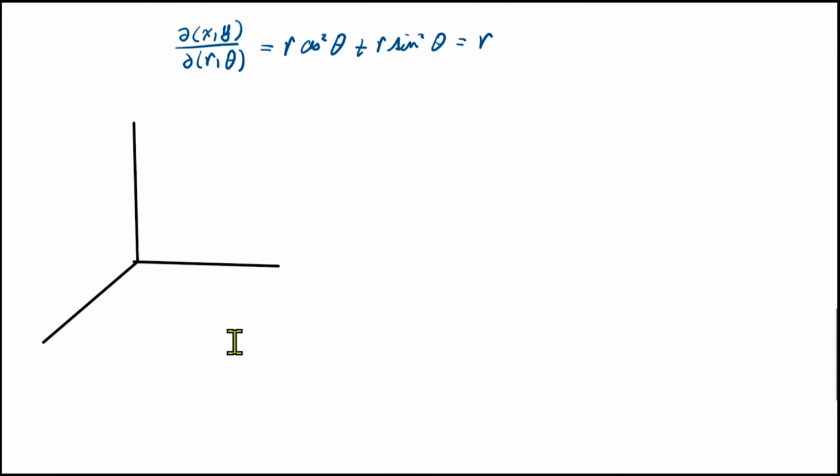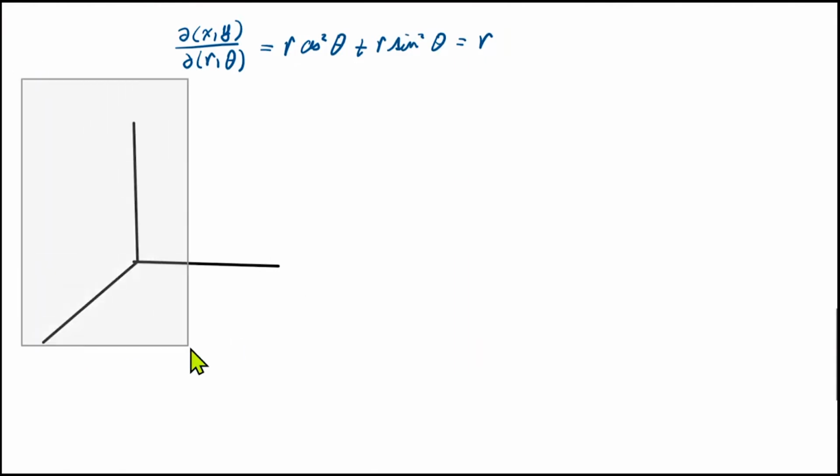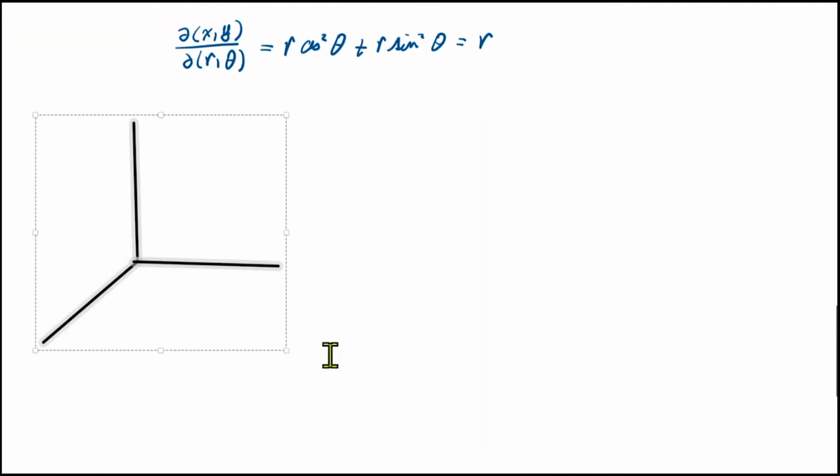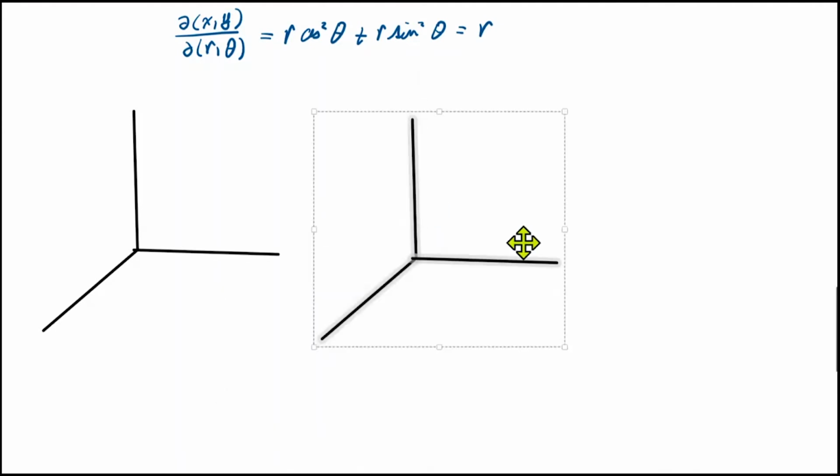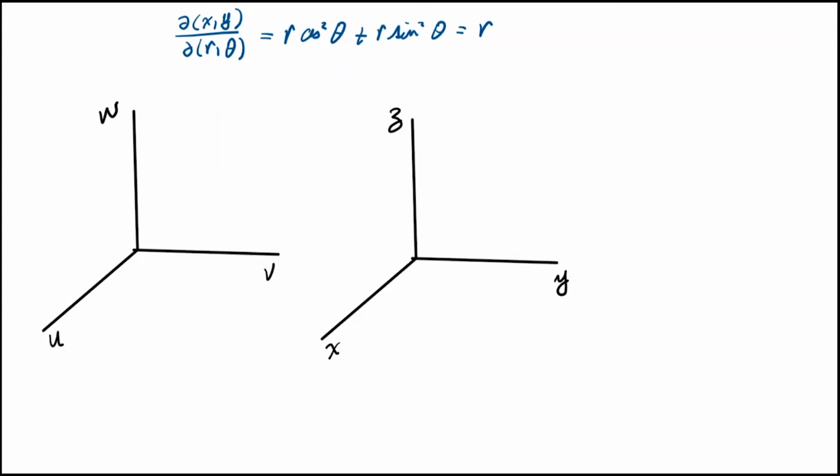Let's say this is u, v, and w, and I need a copy of this. So why don't I make a copy right now and paste it and put them right here. Okay, so this is u, and this is v, and this is the w coordinate, and transforming to x, y, and z. So this u, v, and w sounds abstract, but you can think of this as rho, phi, theta in spherical coordinates. You know what I'm saying?